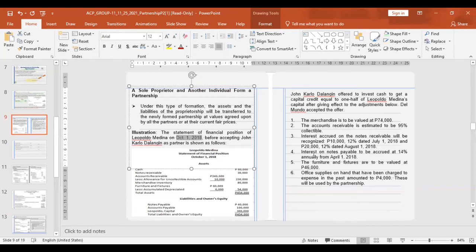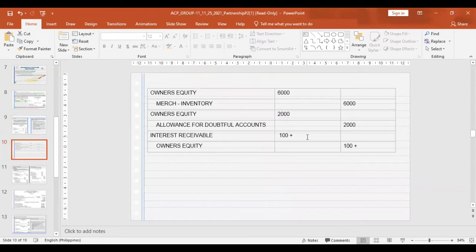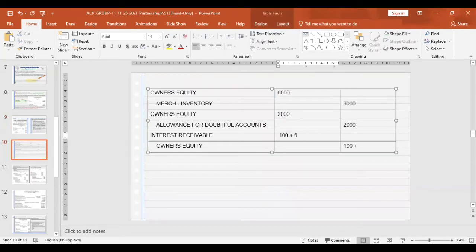So, 20,000 times 0.12 times 3 divided by 12. So, meron tayong 600. So, 600. Kumbaga, 700 lahat yan.